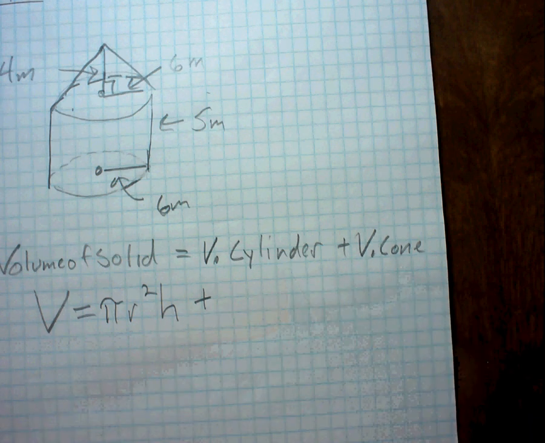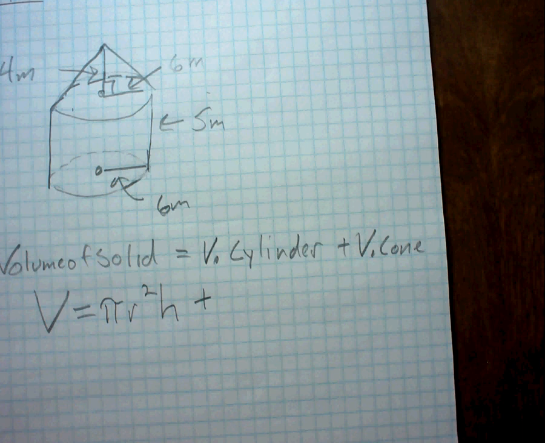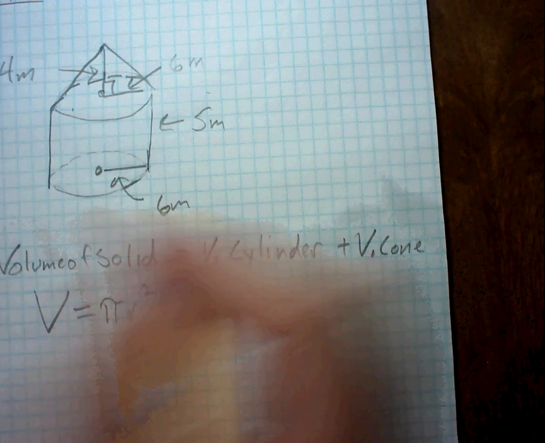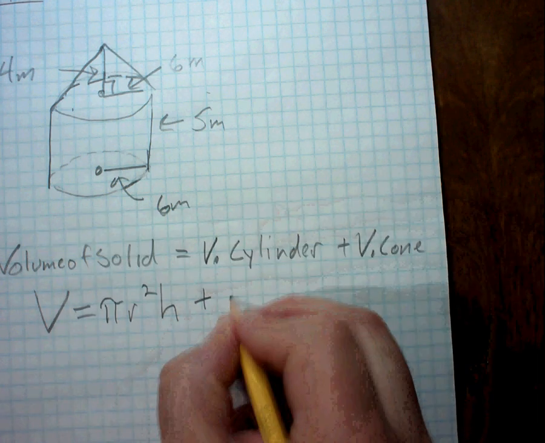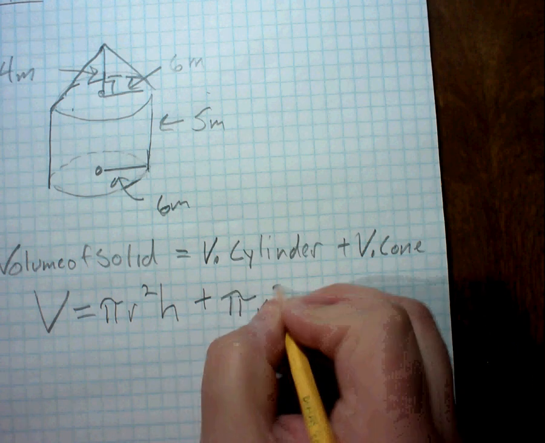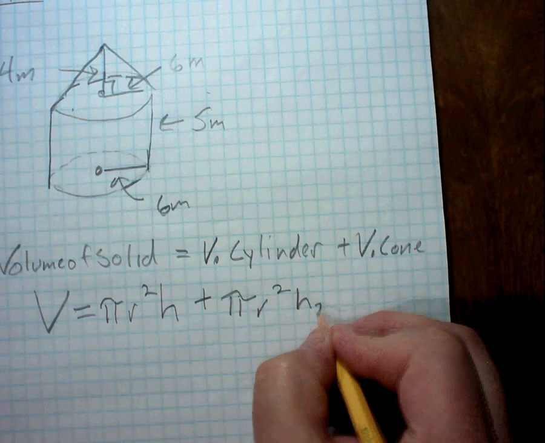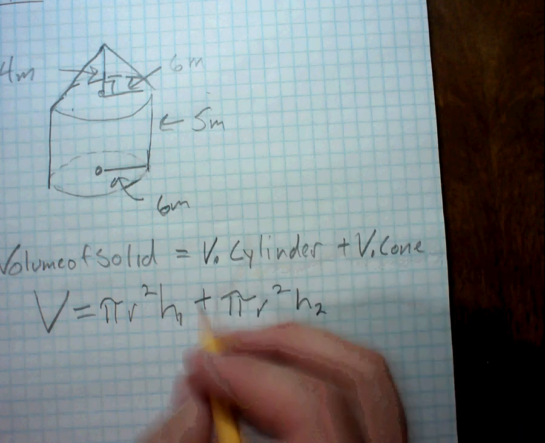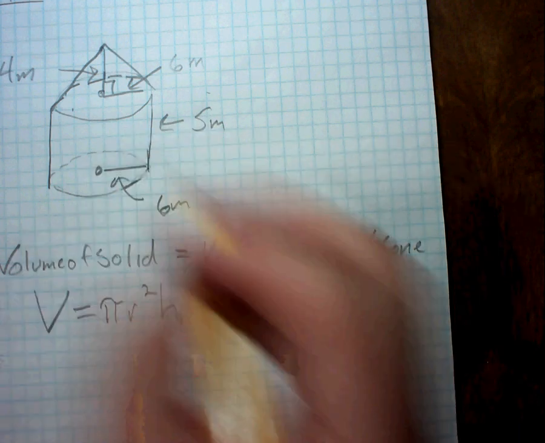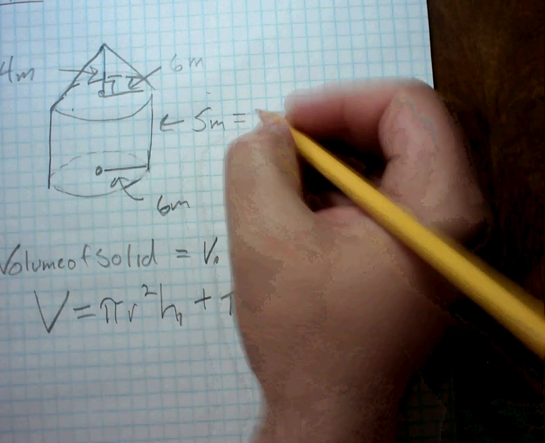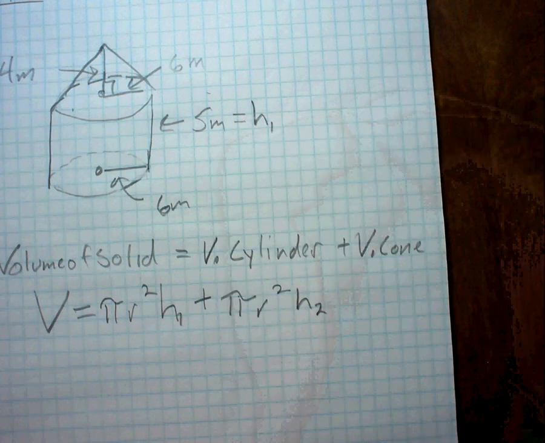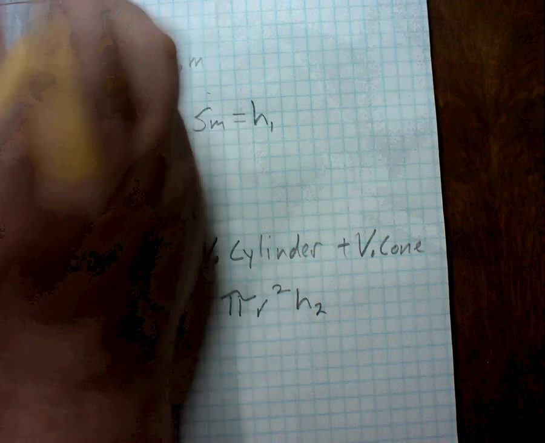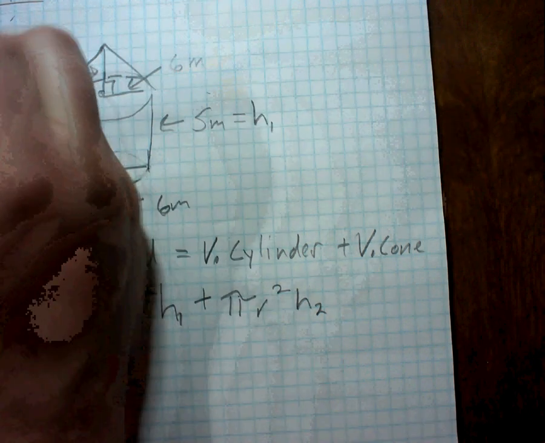And we're going to say pi r squared, and we're going to call these h1 and h2. So if I had to label this, this is the height of the cylinder and this is the height of the cone.